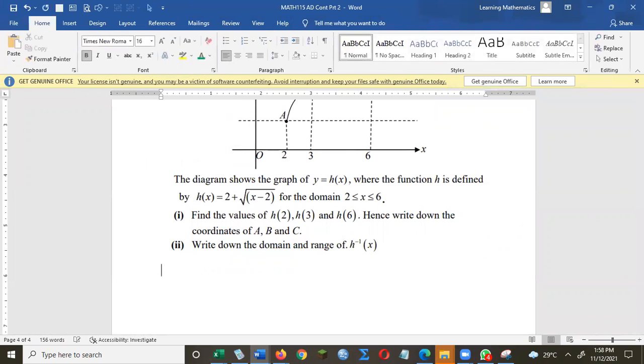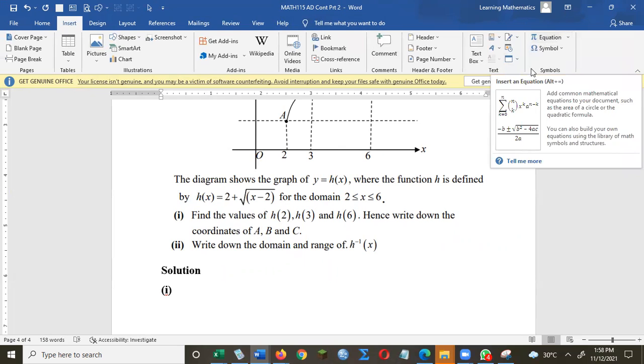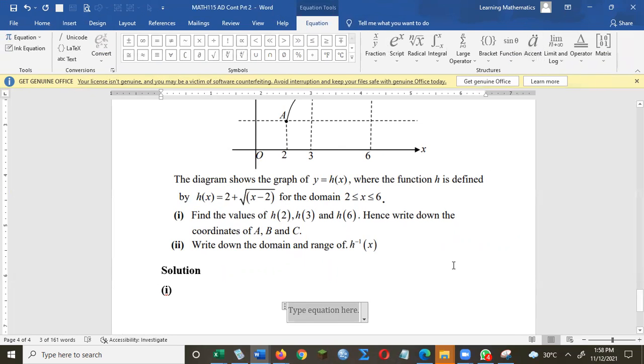Can somebody please tell me how we can find h of 2, h of 3, h of 6? Anybody? How to find h of 2? To find h of 2, we are going to substitute 2 into h. Very simple. I know we all know how to do that. We have done that already, how to evaluate a function.